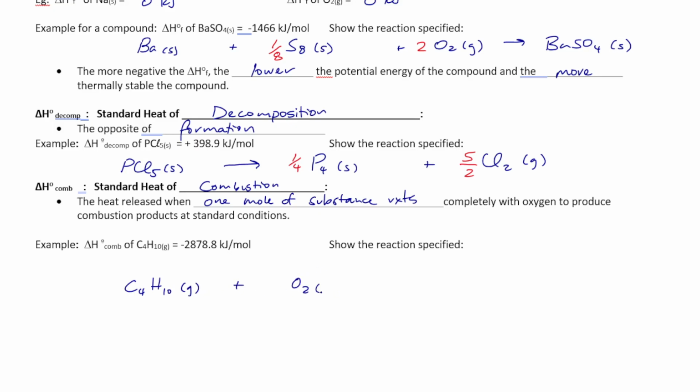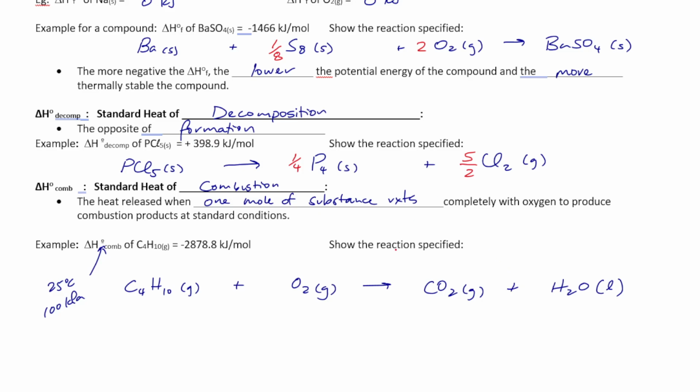Again, I'm going to leave some room for my stoichiometric coefficients. I'm going to say it's forming CO2 gas, and because this is at, you can see that little circle there, 25 degrees Celsius and 100 kilopascals, that's going to be liquid water because at those conditions, water is a liquid.